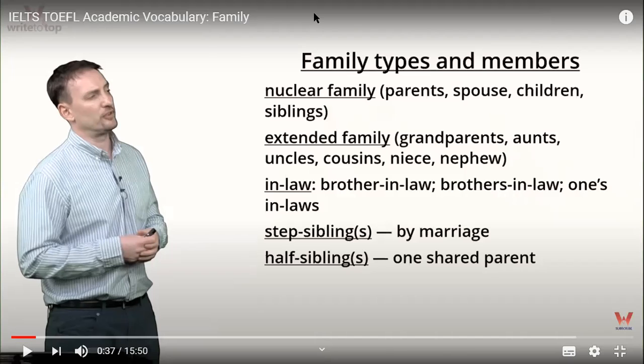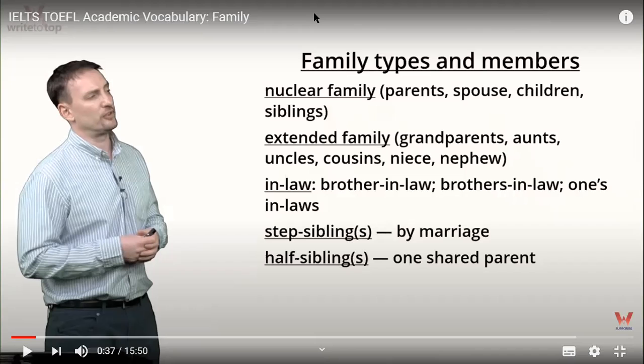May I, teacher? I think in a nuclear family there are all family members, for example parents, grandparents, children, siblings, and other family members. No. What about others?